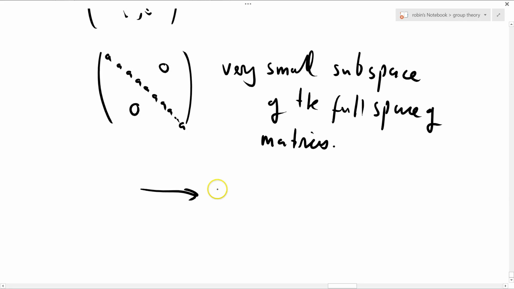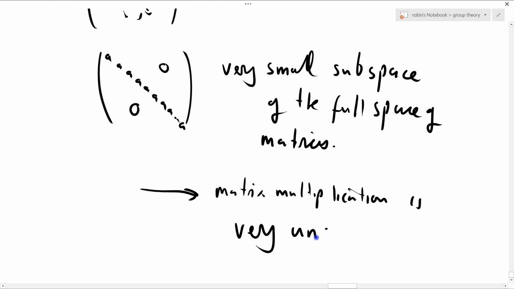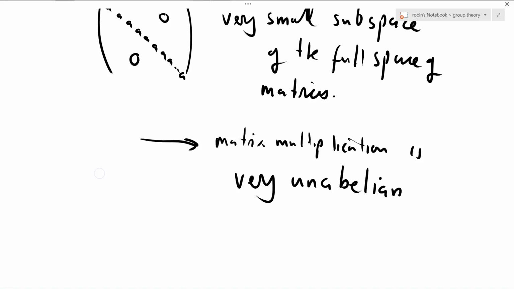And so that tells me that matrix multiplication is very unabelian. And I don't think that's a real word, but yeah. What that tells me is that matrix multiplication, you all know from elementary maths that AB is not equal to BA in general.